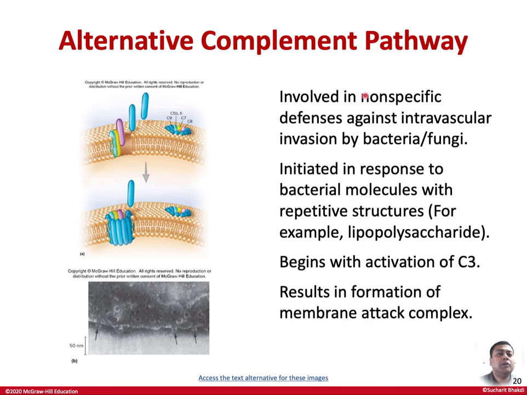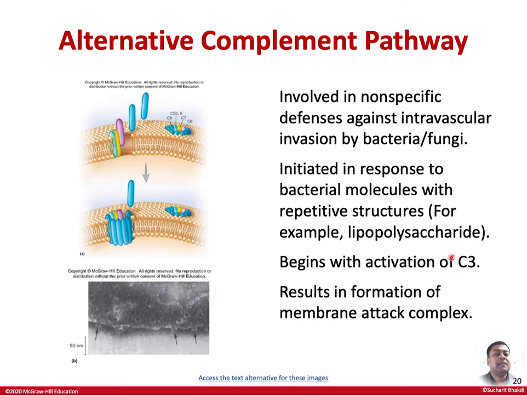So let's take a look at how the alternative complement pathway works. This is involved in non-specific defenses against intravascular invasion of bacteria or fungus. It is initiated in response to bacterial molecules with repetitive structure, for example, lipopolysaccharides. Again, it begins with the activation of the C3 convertase that we have seen, which results in the formation of the membrane attack complex.